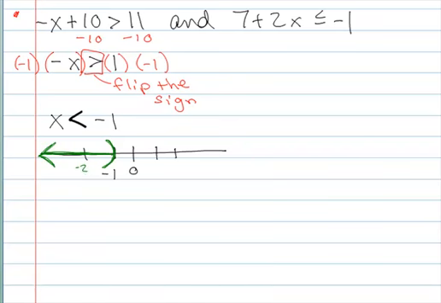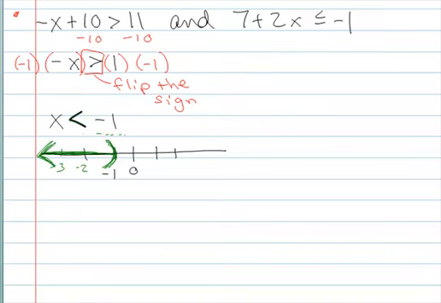So negative 2 is less than negative 1, and over here, negative 3 is less than negative 1. So all of these points over here are in fact less than negative 1. And if you ever wonder what direction you're supposed to draw your arrows, we always go in the direction that the arrow points us to go.